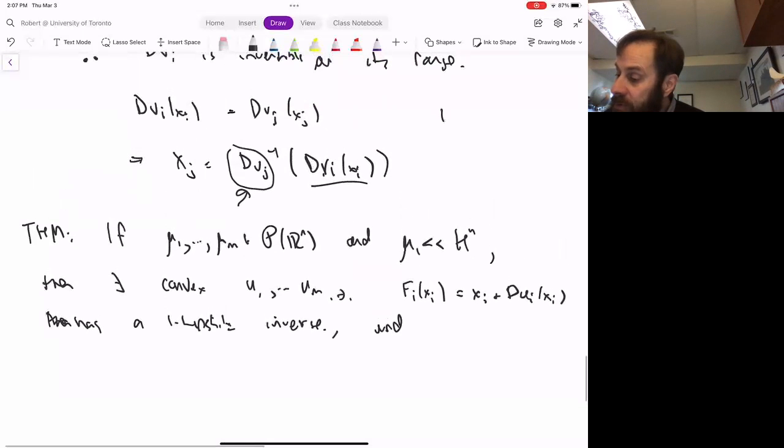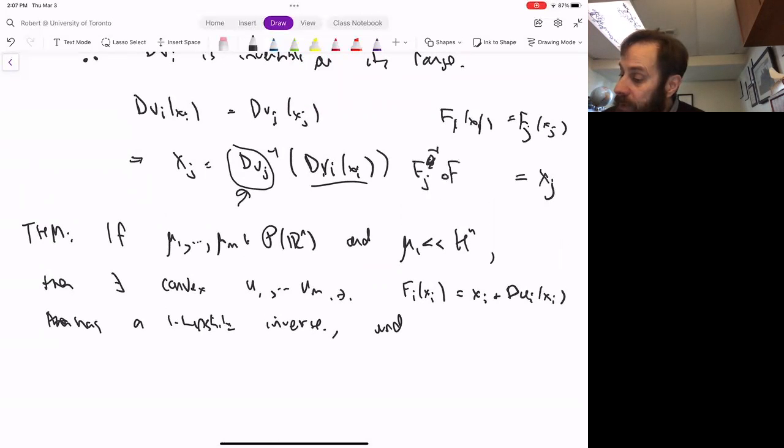so what this equation basically says is something like f1 of x1 equals fj of xj for every j, gamma almost everywhere. And so in other words, xj is going to equal fj inverse composed with f1 of x1 for gamma almost all x1 to xm. And so somehow gamma is living on the graph of all of these maps.